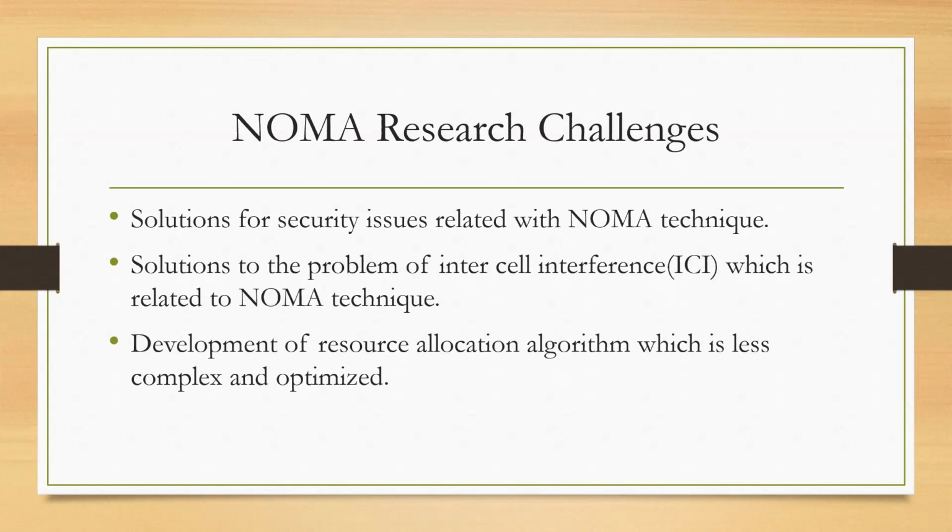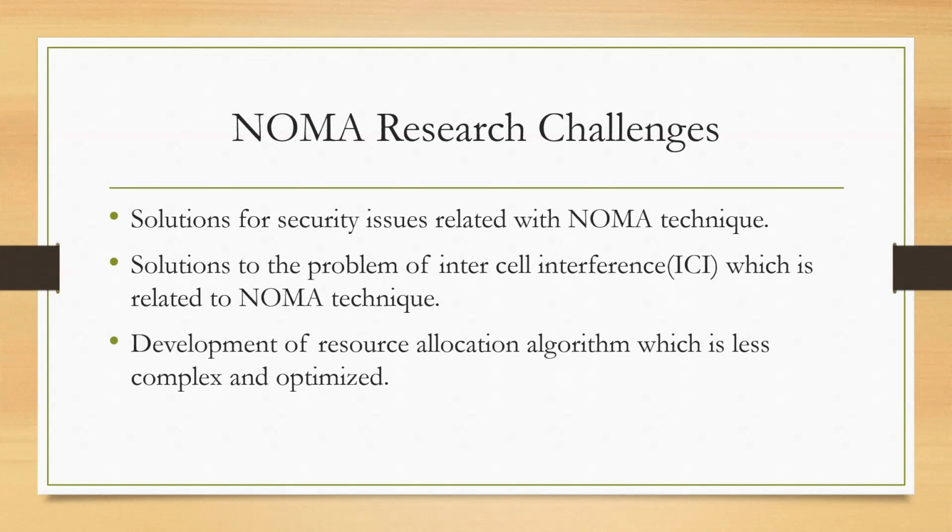The second one is inter-cell interference. For a lesser number of users in a single channel, it is a very good technique. But as the number of users in a single channel increases, the requirement of power levels also increases, and the difference between these power levels, or the power ratio of these signals, is going to reduce.